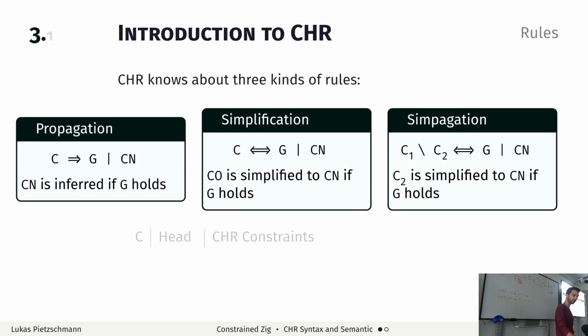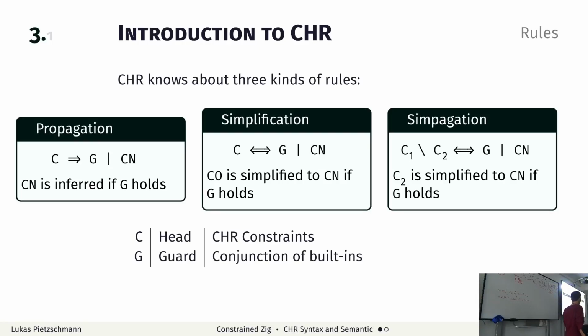All right. Then, what is actually the head and the guard and the body of the rule? The head always contains constraints, like in the min example, the min constraints. Those are CHR things. There's no such concept in Zig. So constraints come from CHR. The guard, on the other hand, contains what I call a conjunction of built-ins, but a built-in is basically Zig code.